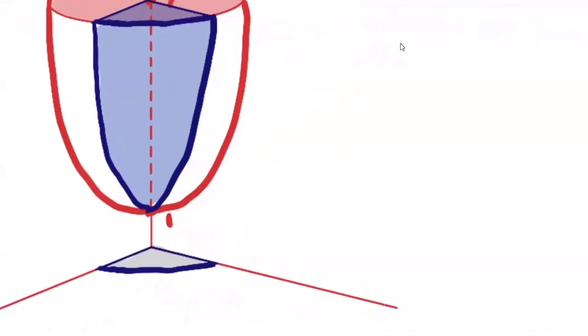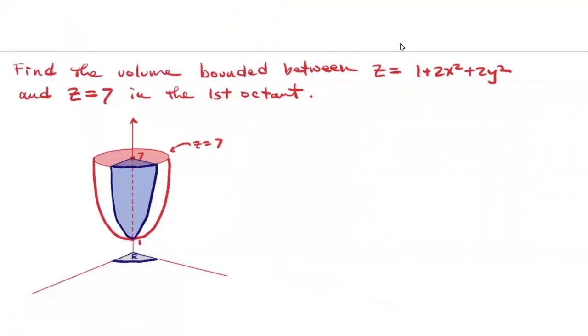So that region down in the XY plane is just R. I'm going to put a little R down there. That's what we're integrating over. It's a circle, but I don't know what the radius is. Z equals 7 is the top, and the paraboloid is z equals 1 plus 2x squared plus 2y squared.